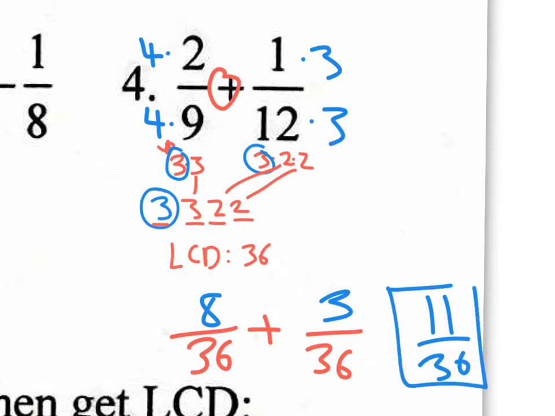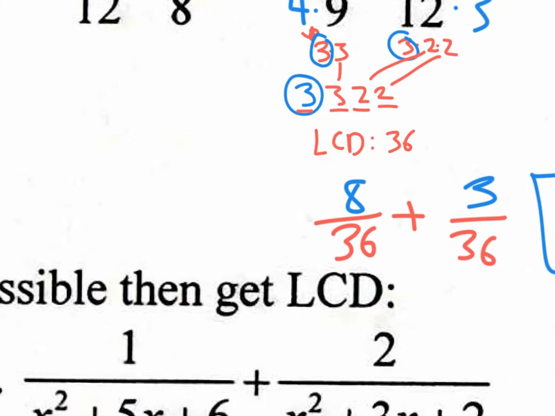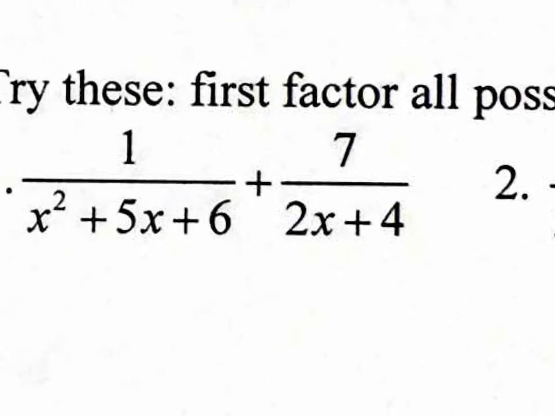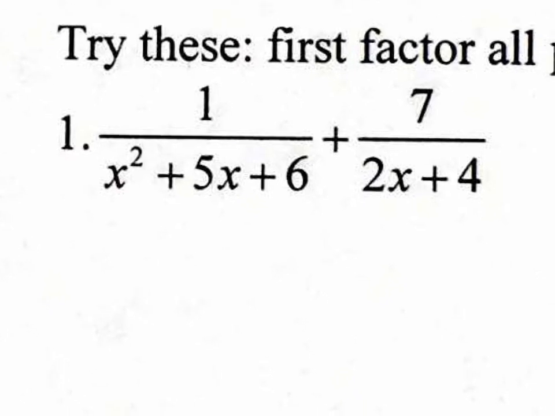But I know you're thinking, why do I want to learn this new method of pretty much rewriting, breaking it down to multiplication, and then rewriting this new method? Well, it's going to help you out a lot when you look at this problem right here. So number 1, let's factor first, and this denominator is going to factor to what?